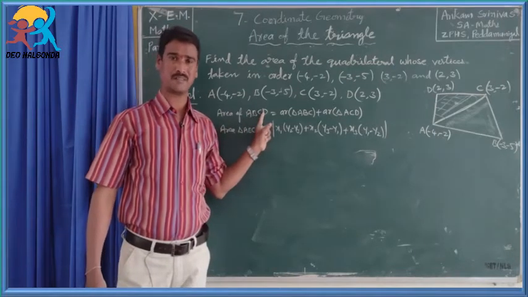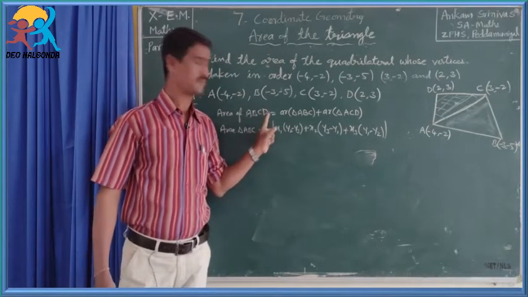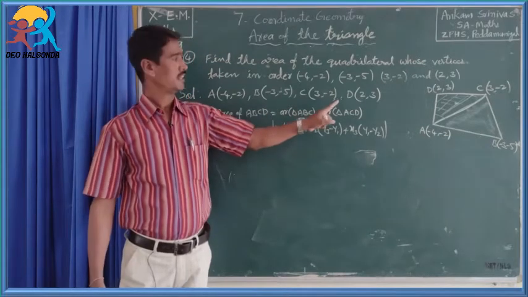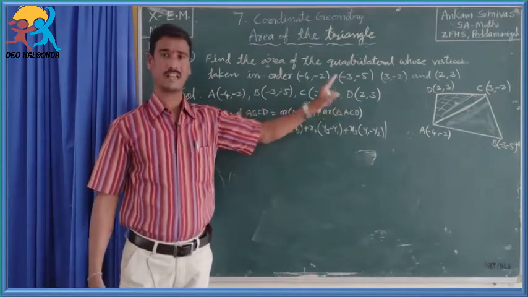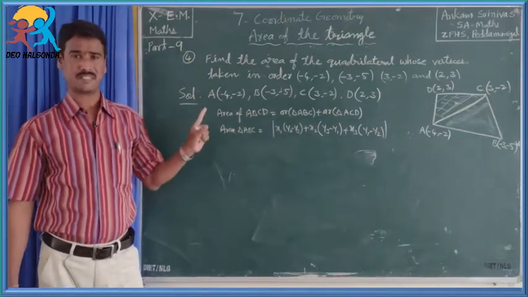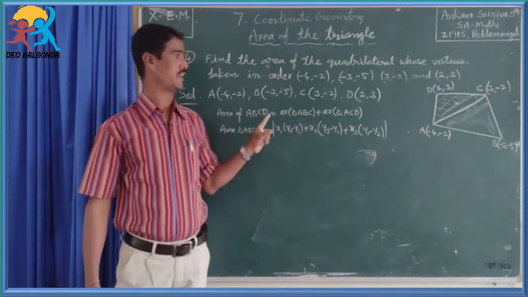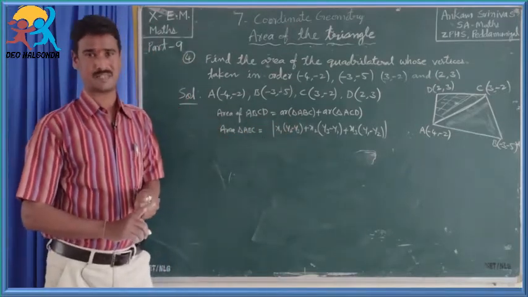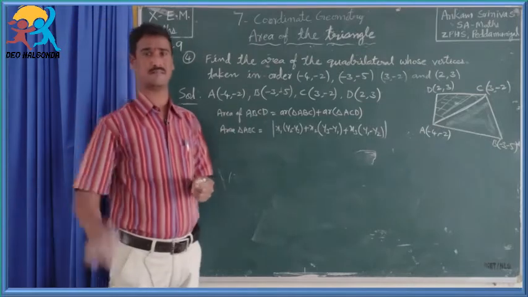As per the previous formula, find the area of triangle ABC and triangle ACD separately, add them, and you will get the answer. This is work for you, do it yourself.